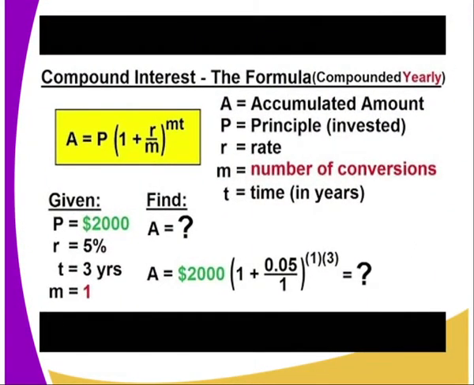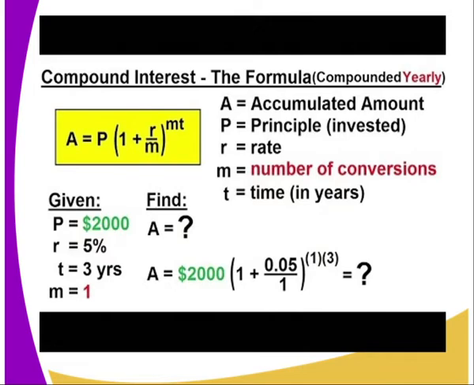We go to the examples. Compound interest, the formula is given there. Then you are given the principal, which is US dollar 2000. Then the rate is 5%. Time is 3 years. Then you are told to get the amount.